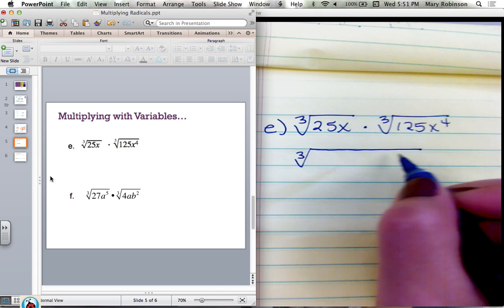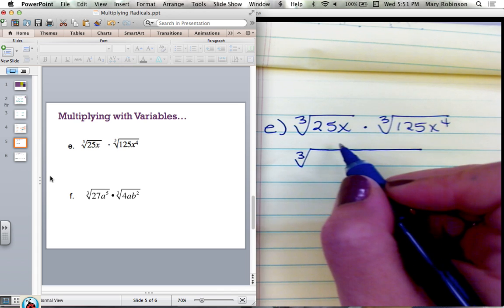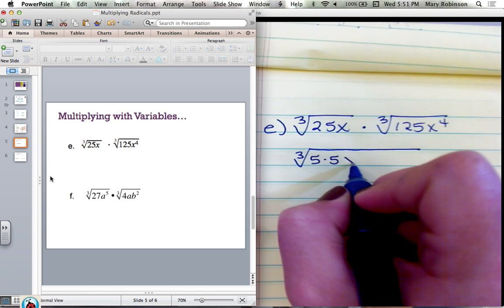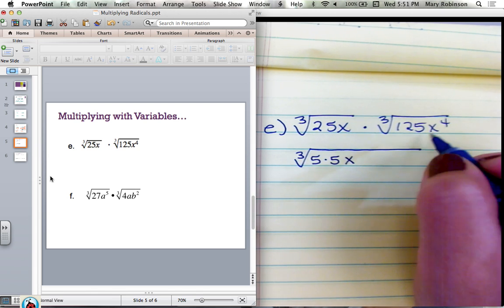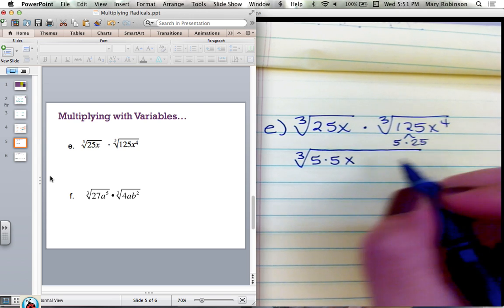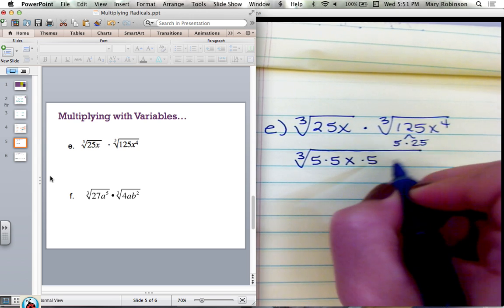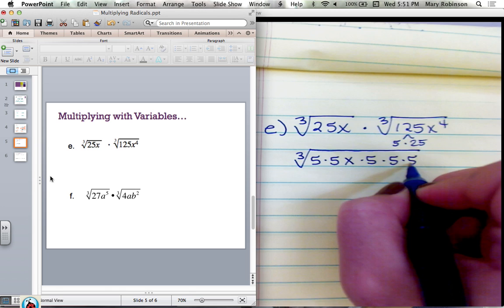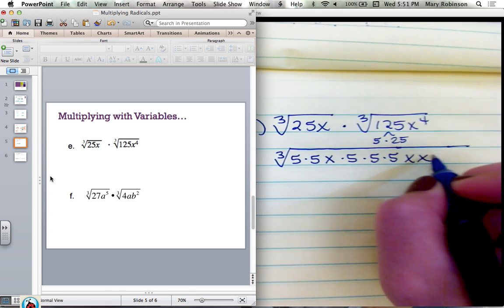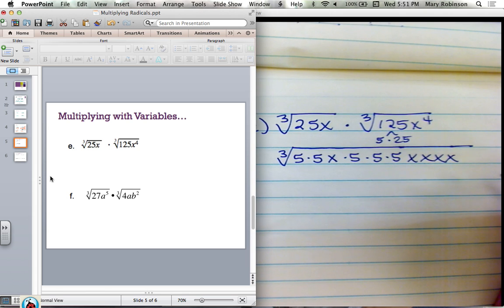I just need to write them all under one radical. 25, the factors are 5 and 5. For 125, that's 5 times 25, but then 25 breaks down further into 2 more 5s. And of course I have x to the 4th, which leaves me with 4 x's.